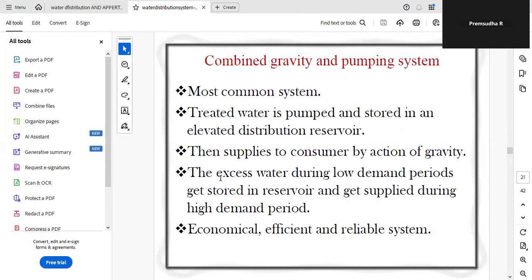Here you can see. Next method, combined gravity and pumping system. Most common system.